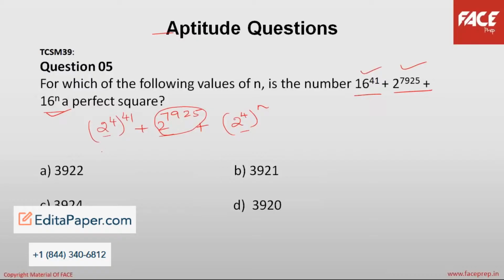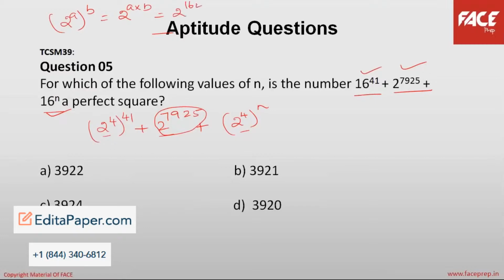Whenever it is 2 power a whole power b, I can always write it as 2 power a into b. So 2 power 4 into 41 is nothing but 4 into 41, which is 164.